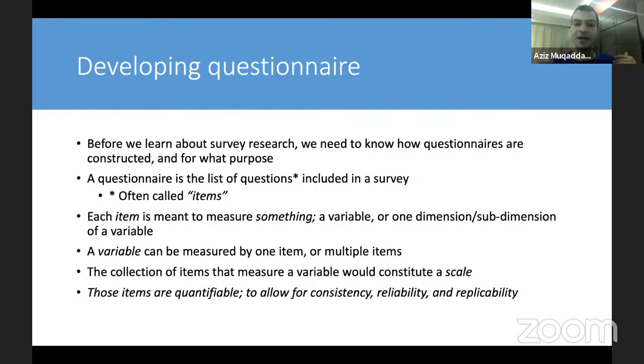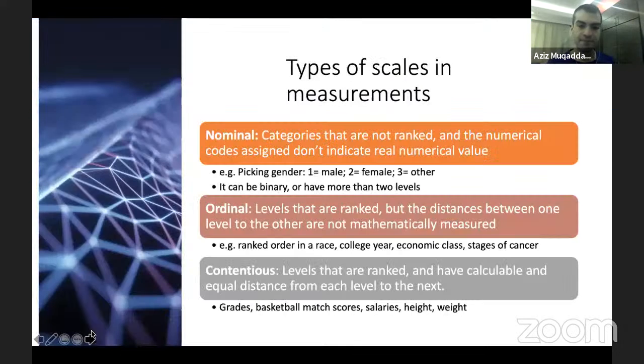They're not based on my impression or subjective experience as we've seen in qualitative research, but those scales are aimed to quantify the variables or concepts that you're measuring. That quantification can vary in terms of how many levels it can have, or what it can indicate.